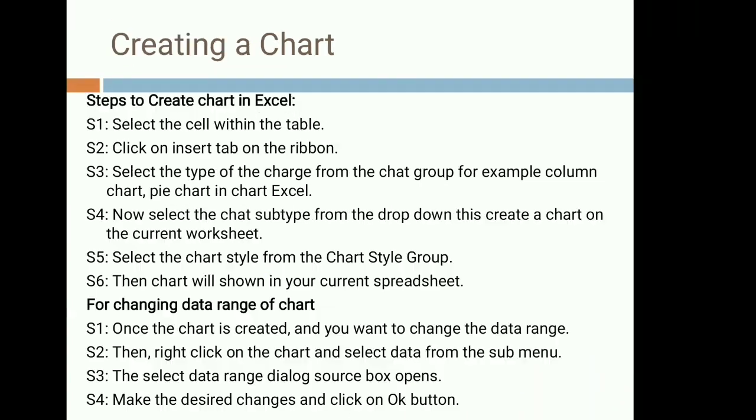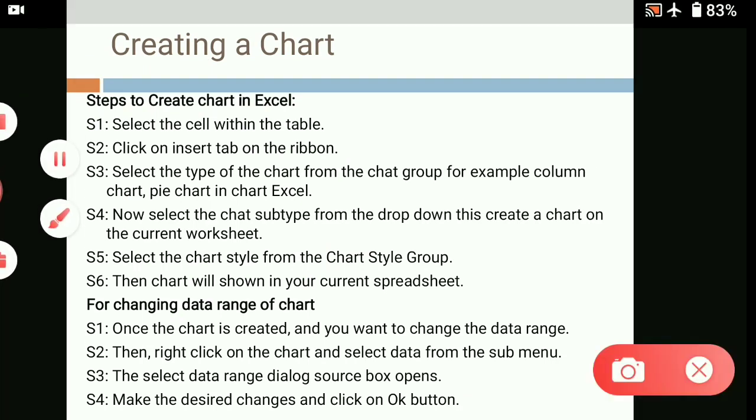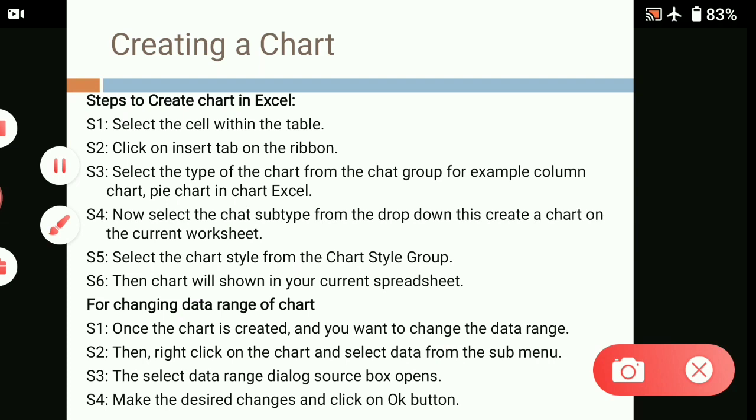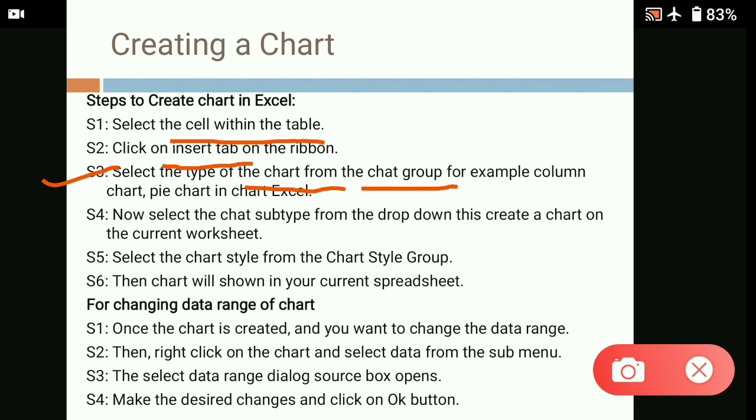Then move to our next heading, how to create a chart. For creating a chart, we have to do some steps. Firstly, select a cell within the table, then click on the Insert tab on the ribbon. Then select the type of chart you want from the chart group, for example column chart, pie chart, or any type of chart you want to use for that table.